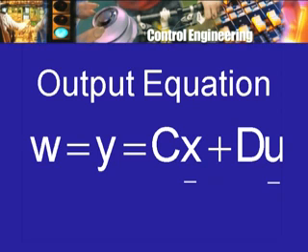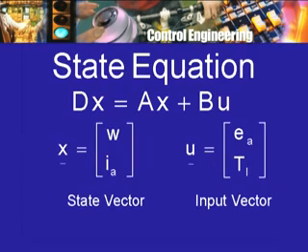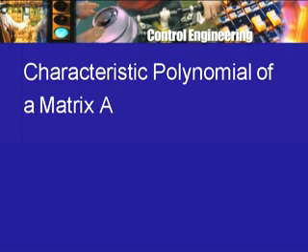Now, when you try to solve this differential equation, you come across what we have come across earlier. You come across the characteristic polynomial. This time the characteristic polynomial is associated with the matrix A. So, you introduce the idea of the characteristic polynomial of the matrix A. Earlier I talked about a single higher order differential equation and the associated characteristic polynomial.